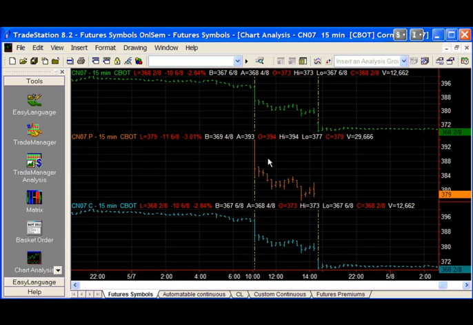Here's the .P symbol. Now this is not the pit. This is the pit hours, but it's the trades done on the electronic system during those pit hours.